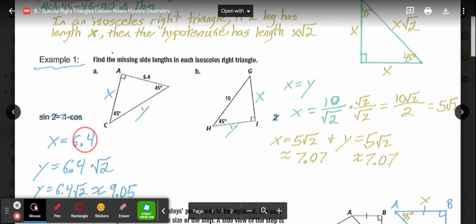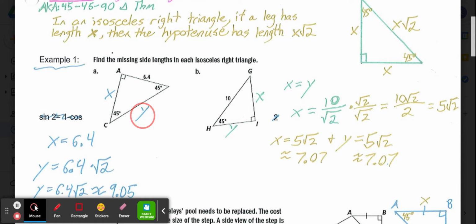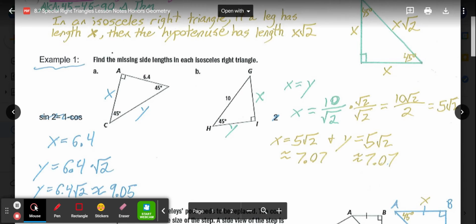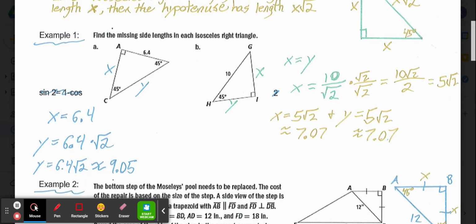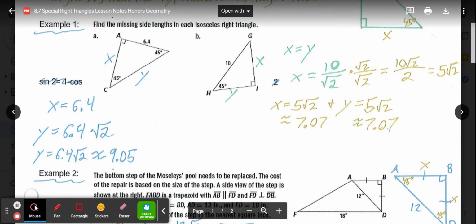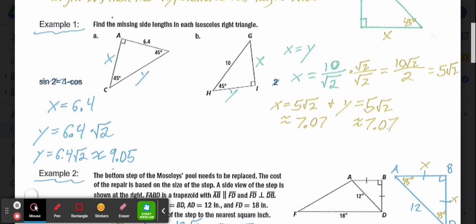Both legs are the same. Our hypotenuse, which I labeled Y, would be our leg, 6.4, multiplied by the square root of 2. So we can simply write that as 6.4 square roots of 2, or if you put it into your calculator and round it to the nearest hundredth, we should have 9.05.